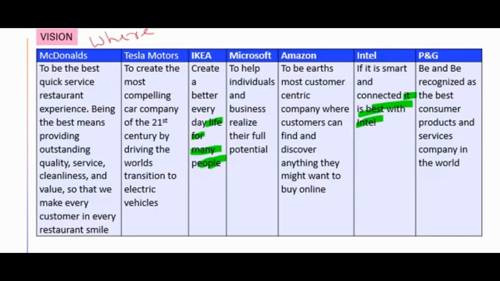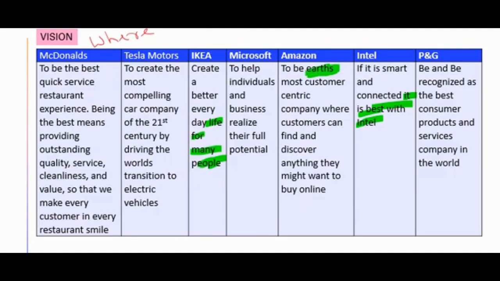So let's take another example, Amazon, which is a well-known online store. What it says is, to be Earth's most customer centric company. So they are targeting the entire Earth, not just one country.